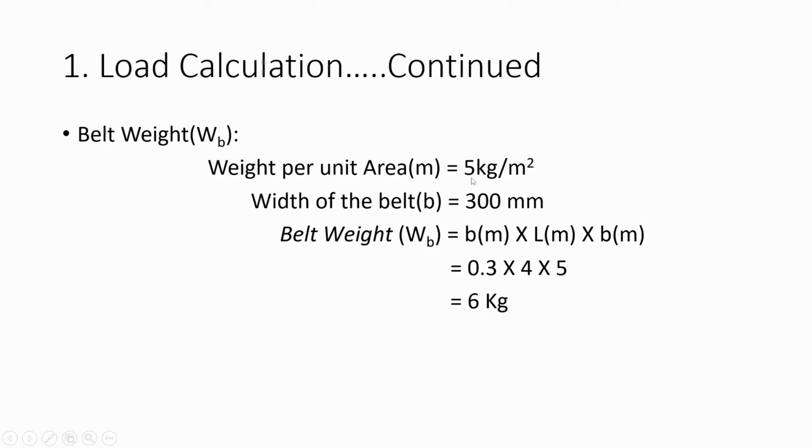I have taken an average typical value of 5 kg per meter square, and as we are aware from the previous lecture, the width of the belt B is 300 millimeter that we have selected in the design, and from here belt weight will be equal to B into L into M. There is a mistake, and B is 0.3, we will keep the values in meter. 0.3 is the width and L is 4 meter and M is 5 kg per meter square. By multiplying this we get 6 kg of belt load.